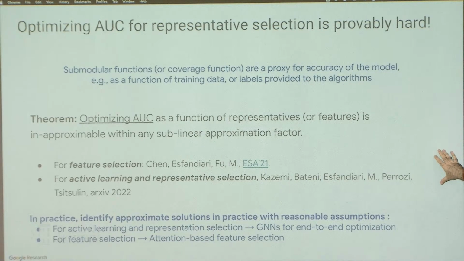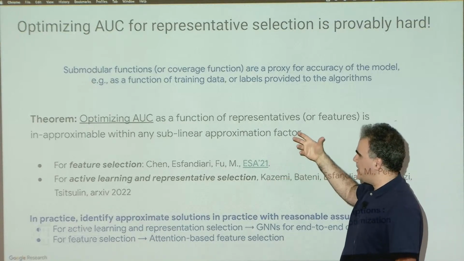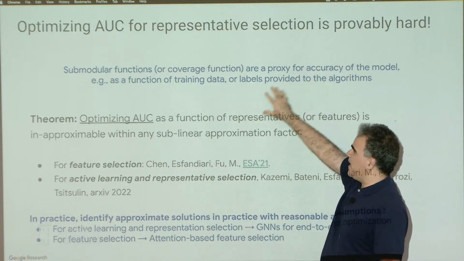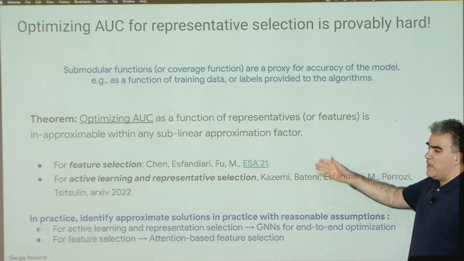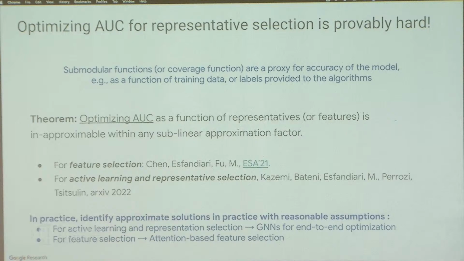That turned out to be a surprising revelation for me, which basically says that the AUC functions that we are trying to optimize, not in full generality, even for linear type models or generalized linear models, the problems are actually not approximable when you want to really solve the original problem.